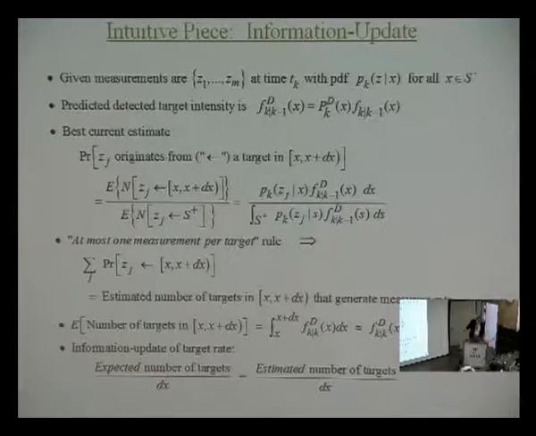Okay, so I'm going to say that the information update is to set the expected number of targets equal to the estimated number of targets. Not quite. It's the estimated number of targets. Notice that's a number. I have to say the estimated number per unit state space, hence the division by dx. And so this part, this is the expected number of targets.